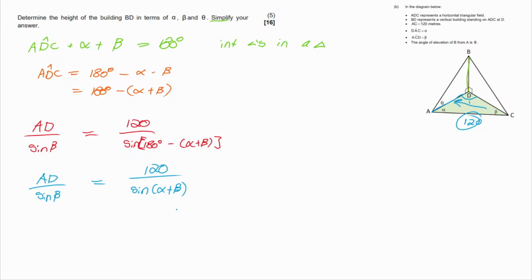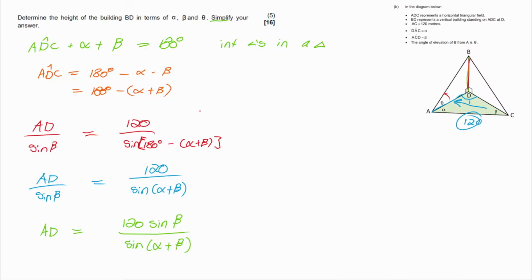So now I just make AD the subject of the formula. AD is equal to 120 times sine beta over sine of (alpha plus beta). So I have AD over here. Now I just need to look in this triangle to then find BD.